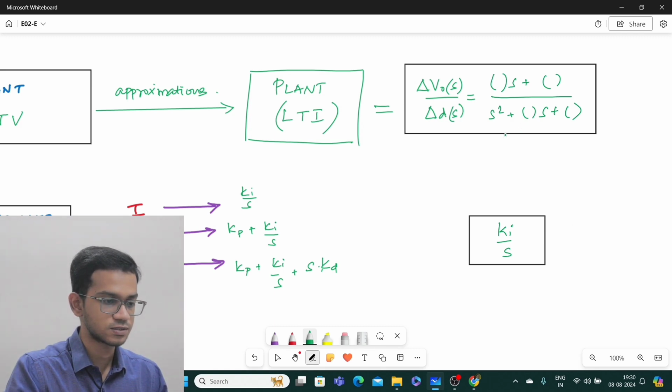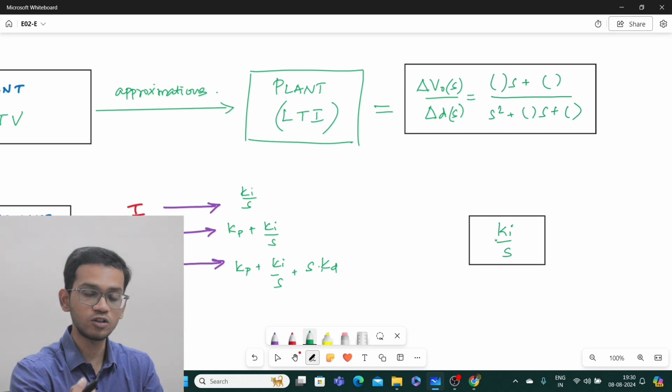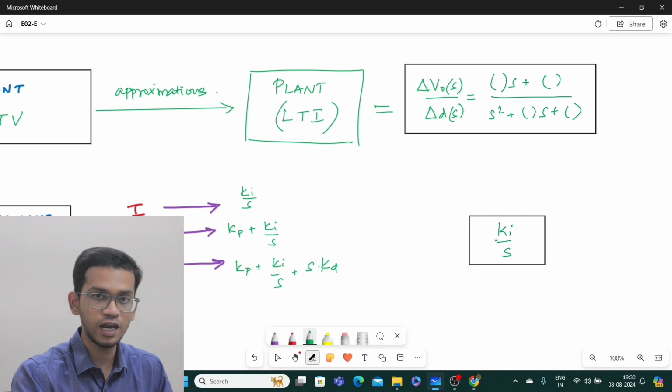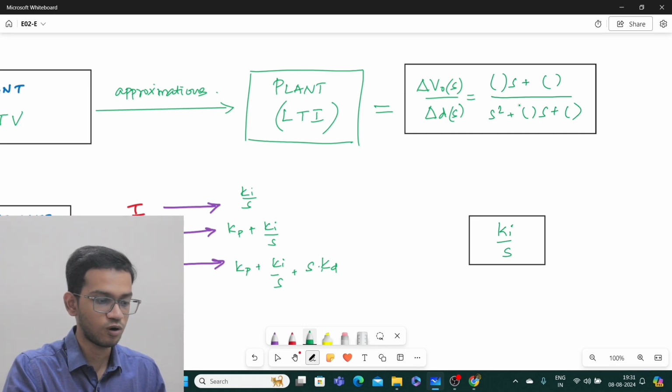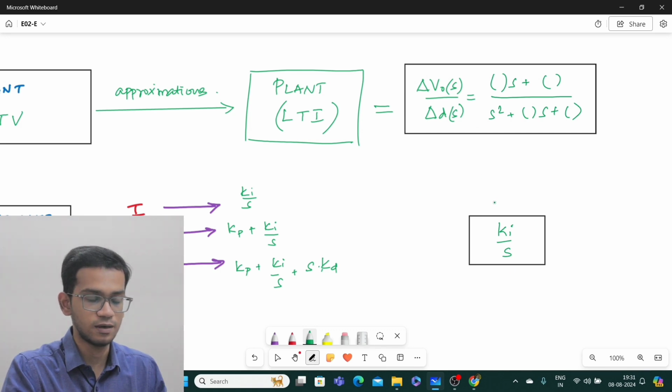So the idea here is to tune this controller. When I say the word tune, I mean finding the optimum value of your integral gain, which is K here. When we want to do that, we want this plant to be represented as a transfer function, because in the next section we'll be seeing how to obtain this value using MATLAB.